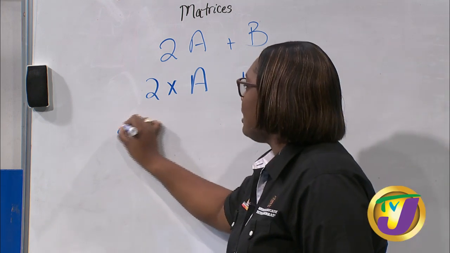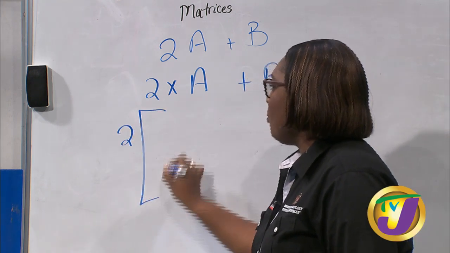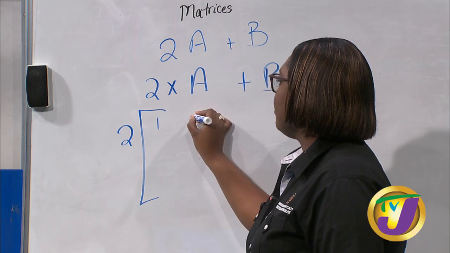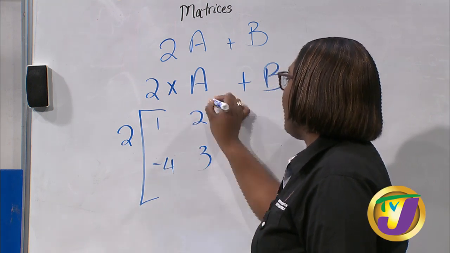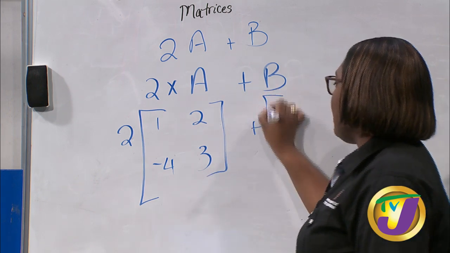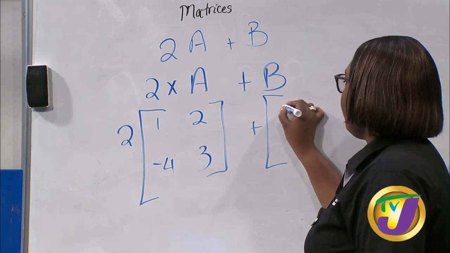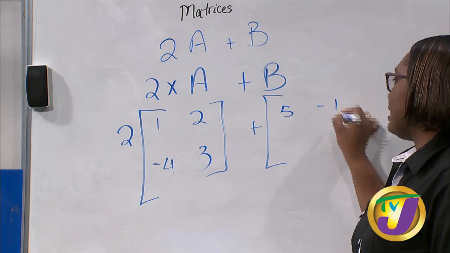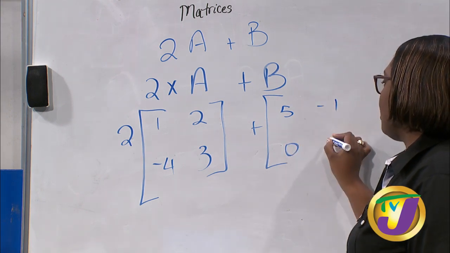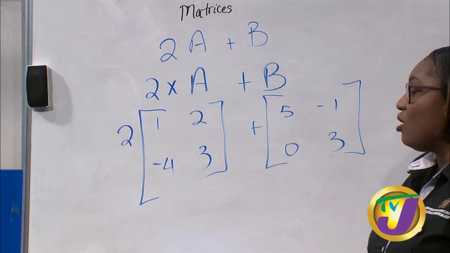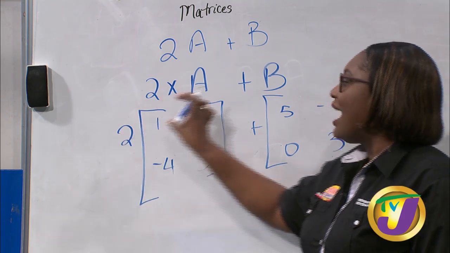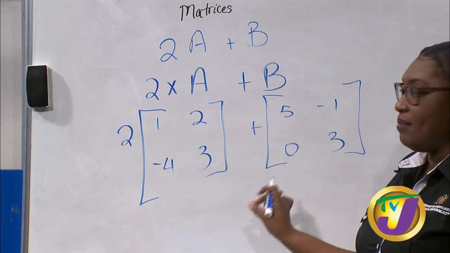It's going to be 2 times our matrix A, which is 1, 2, -4, 3, plus B, which is our matrix 5, -1, 0, 3. Just as a reminder, we're multiplying 2 by every element in our matrix A.